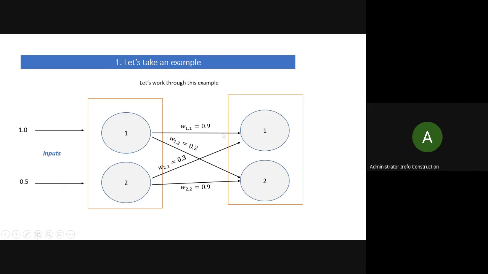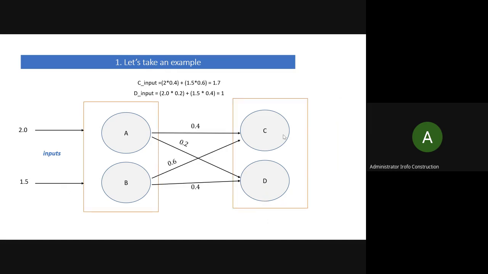To find my summed activation, I take 1 and multiply by its corresponding weight, 0.9, plus 0.5 multiplied by its corresponding weight, 0.3, and add them together. That gives me the summed activation. Then I apply the activation function to it, and that gives me the output.